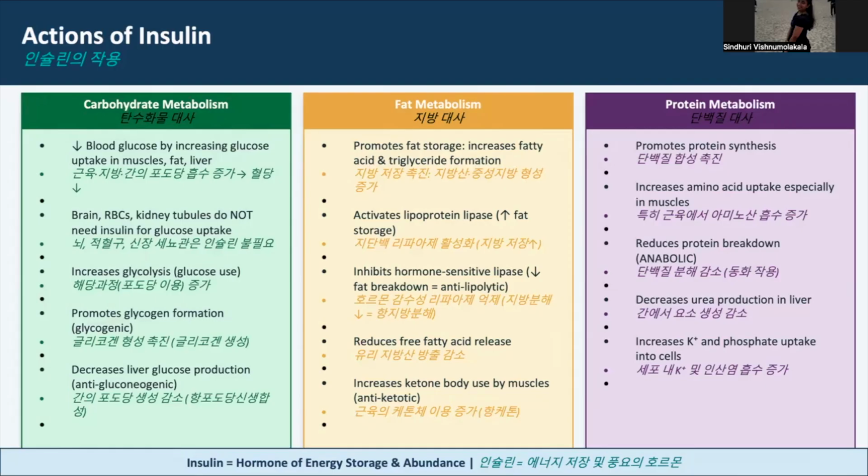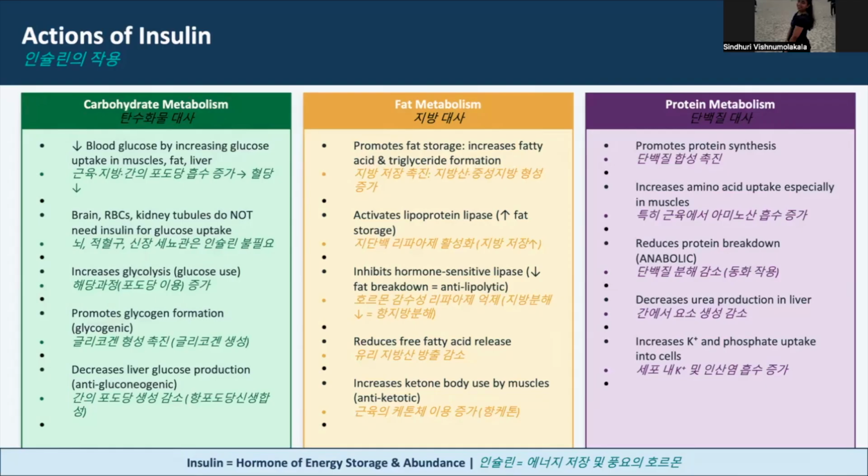It increases glycolysis in muscles and adipose tissue, where it breaks down the glucose, promotes synthesis of glycogen by activating glycogen synthase and simultaneously inhibiting the enzyme of glycogen breakdown. It also directly decreases the glucose output from the liver. So that is anti-gluconeogenic.